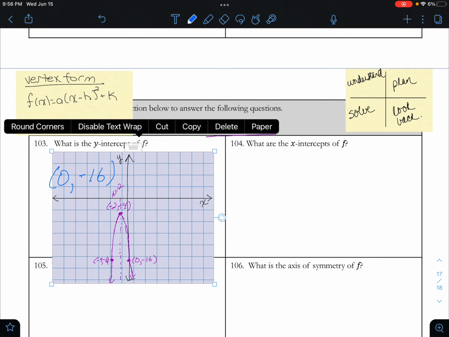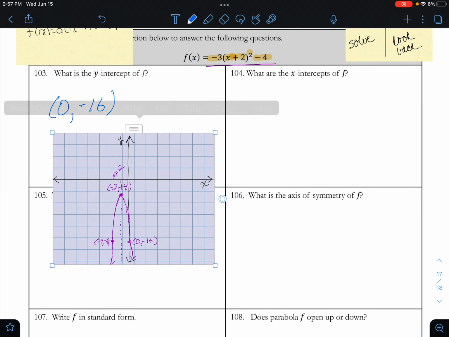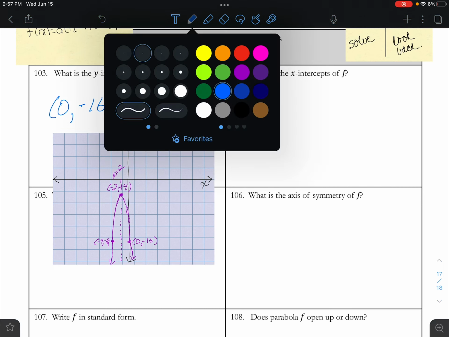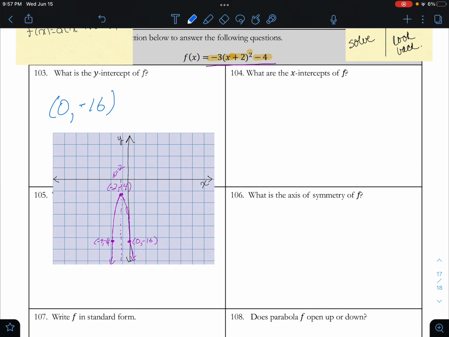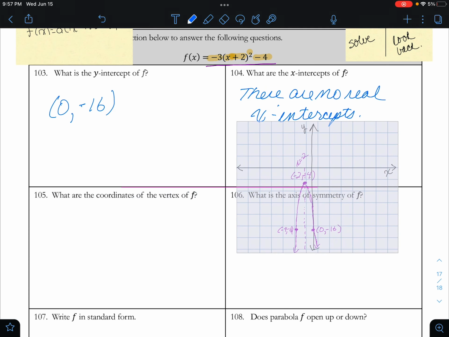That parabola does not touch the x-axis, so there are no real x-intercepts. Actually, I should say there are no real x-intercepts because there are going to be two imaginary ones, but we just care about the real ones right now.